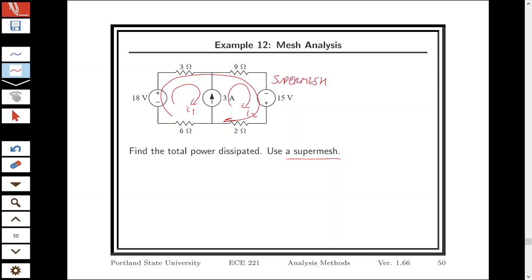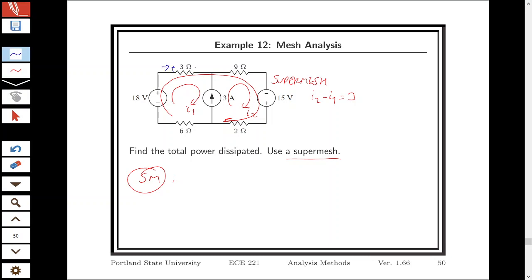So this means there is a mesh relation, which is I2 minus I1 equals 3.